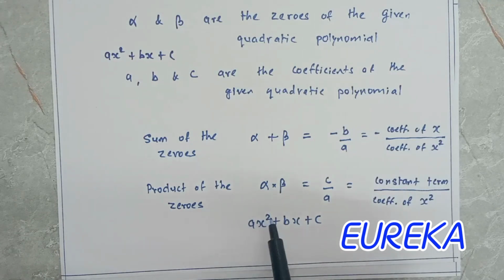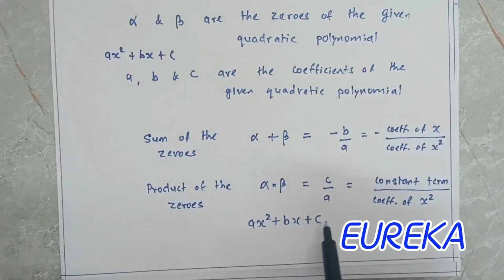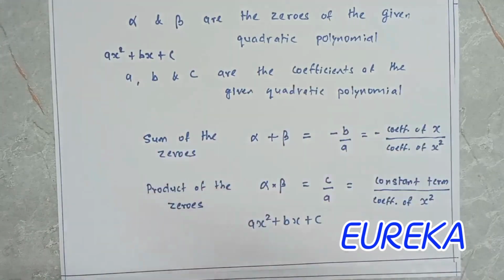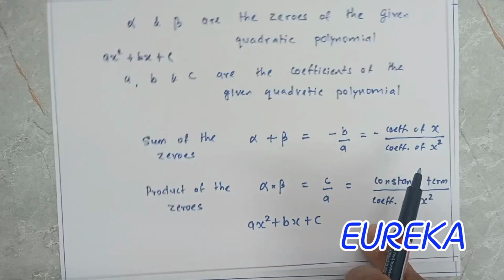Product of the zeros, alpha into beta, is equal to c by a, that is constant term upon coefficient of x square. So this we have seen till now.